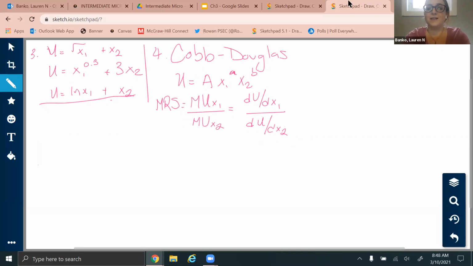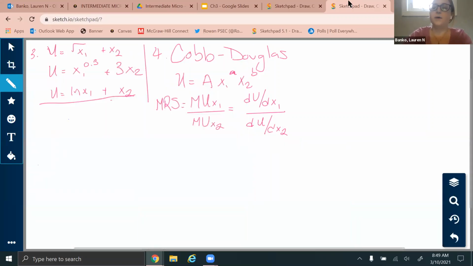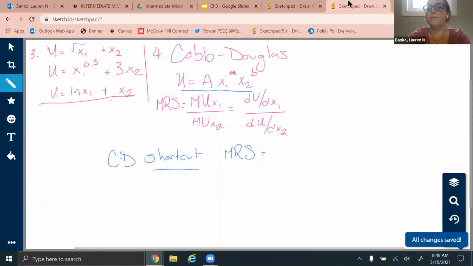So we also said that there was a trick, and this trick is definitely going to save you time, and you can use it all the time with Cobb-Douglas functions. So only with Cobb-Douglas functions. So I'll say Cobb-Douglas shortcut. When you're looking for the MRS, you can always start off with the first exponent, whatever this is, a, and multiply it by x2, the second variable, which is always going to be x2 for us, times the exponent b times x1, always.